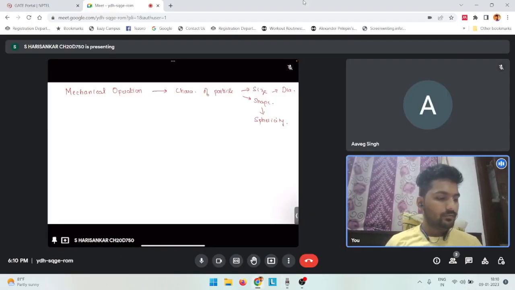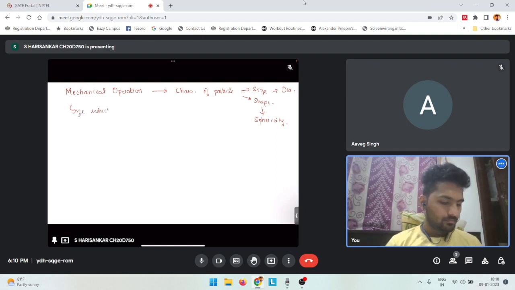And then we briefly went into some portion of size reduction equipment, and gave a brief introduction to equipment like the jaw crusher, fluidized mill, and so on.